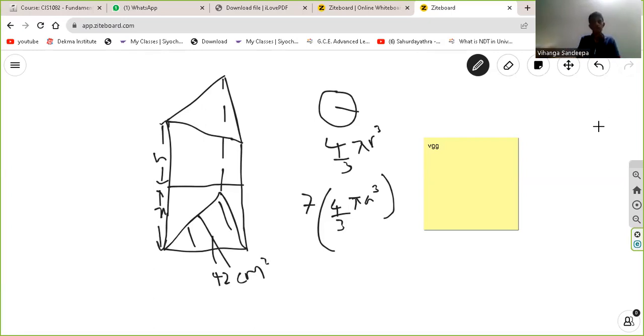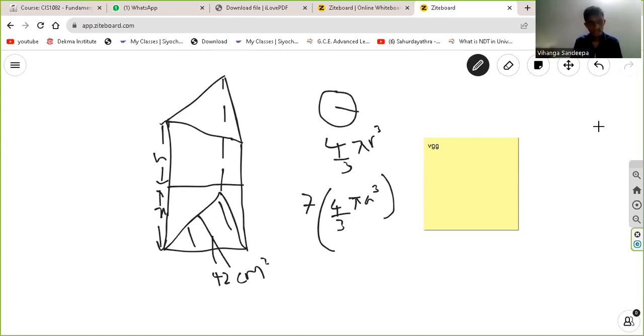There are 7 spheres with radius a. When they are put into the right prism, the water level increases by h centimeter. Before putting the spheres, shall we take the water level as x?